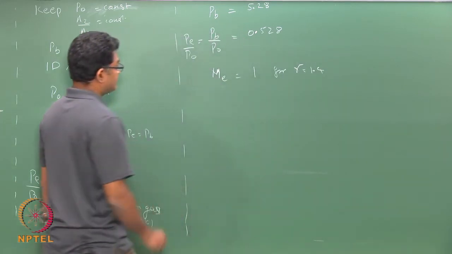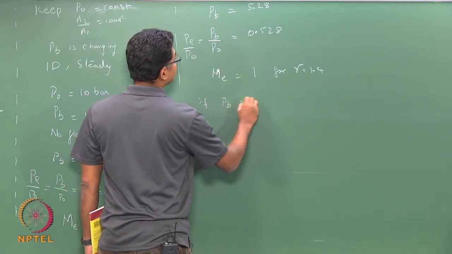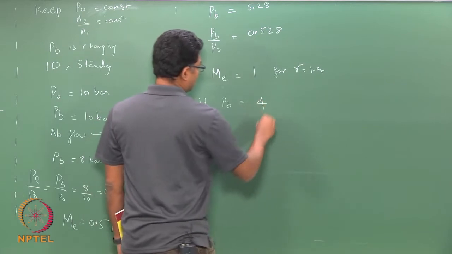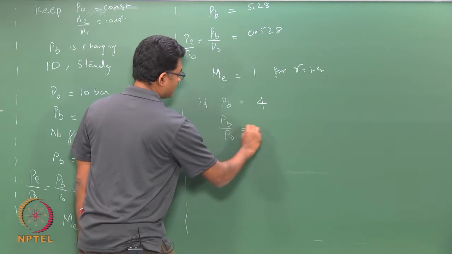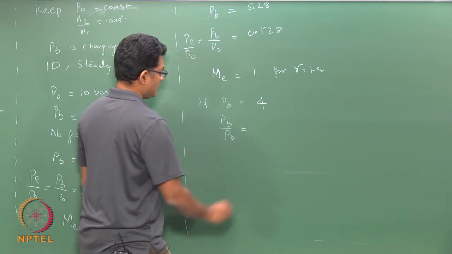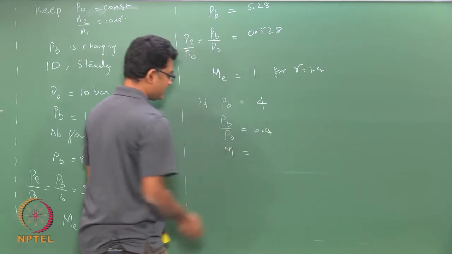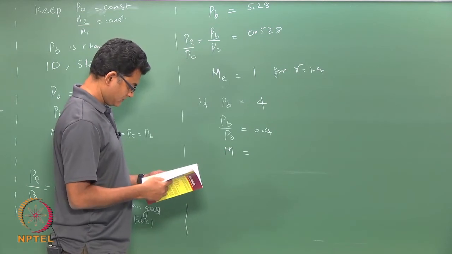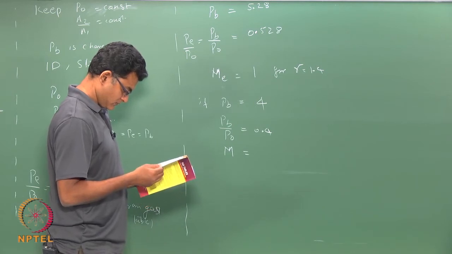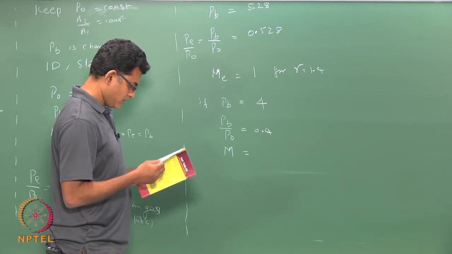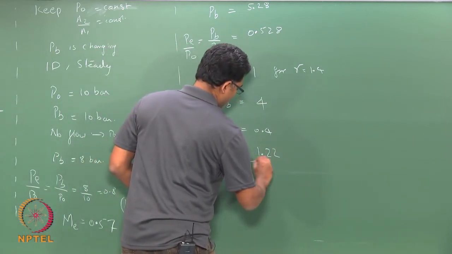Now, if I decrease my Pb further to say around 4, my Pb by P0 is 0.4. The Mach number associated with this is around 1.22.